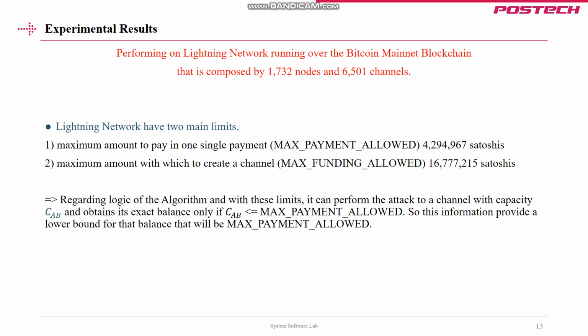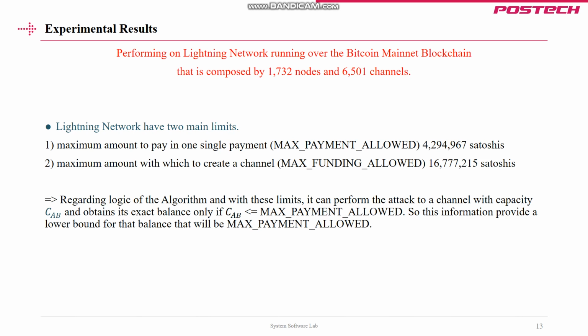This is experimental research. In this paper they perform the attack on the Lightning Network running over the Bitcoin mainnet blockchain, which is composed of 1,732 nodes and 6,501 channels.